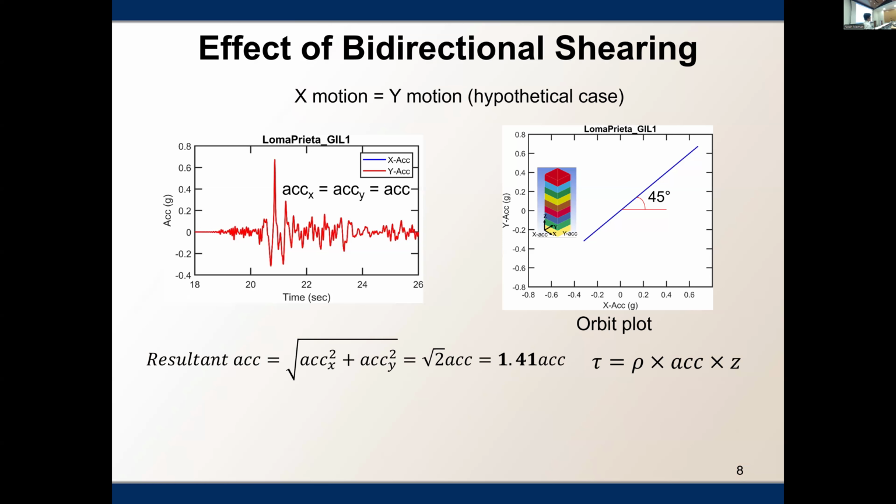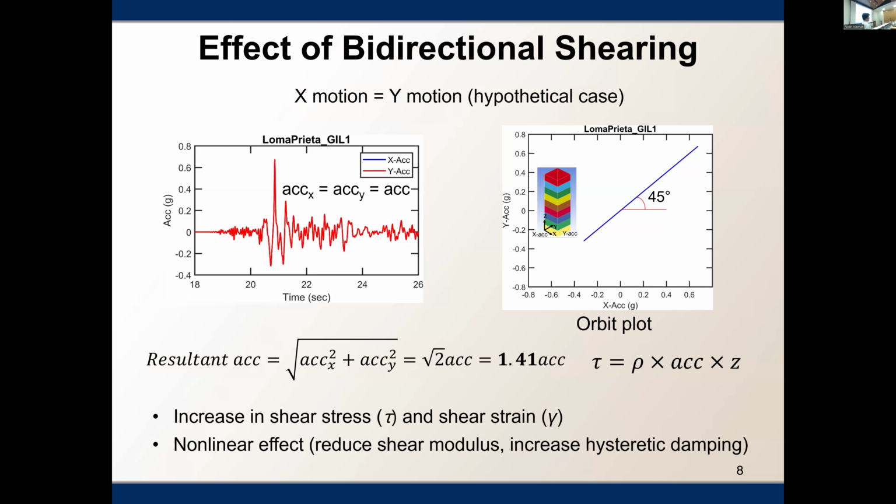This higher acceleration will translate to higher shear stress, and it will increase the shear strain. In the soil, if you increase the shear strain, there will be some nonlinear effect. Mostly, the shear modulus will decrease, and it will also increase the hysteretic damping.